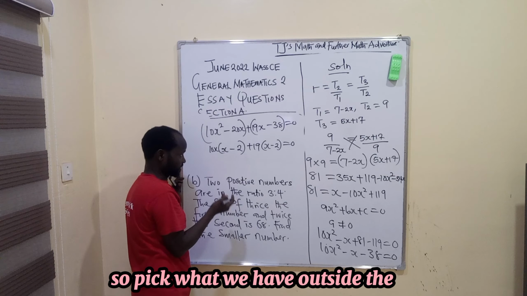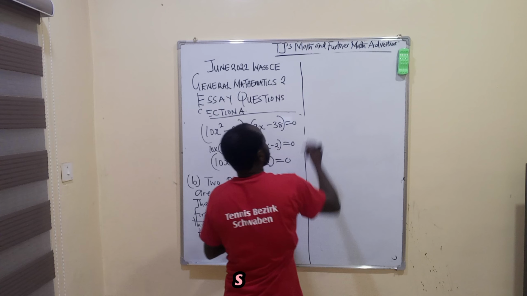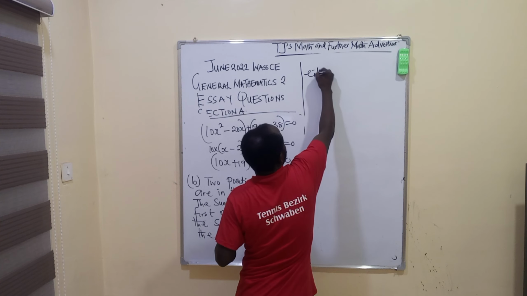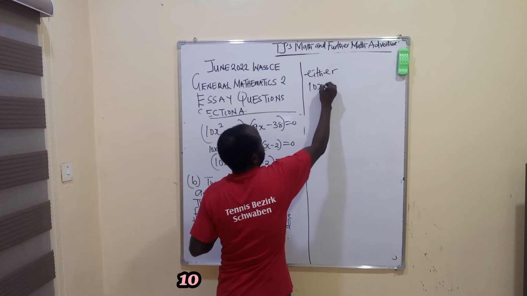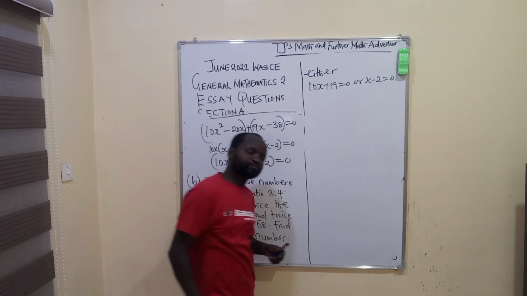So let's find our x. Either 10x plus 19 is equal to 0, or x minus 2 is equal to 0.